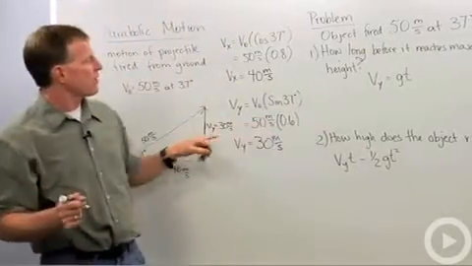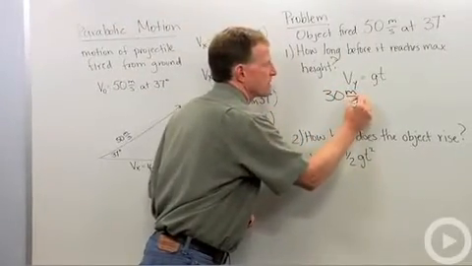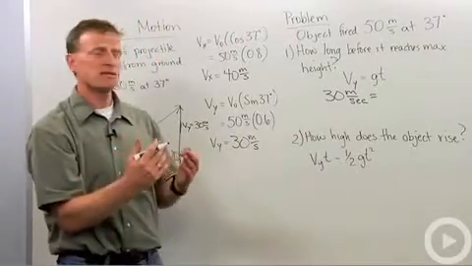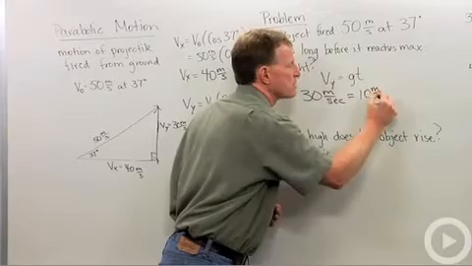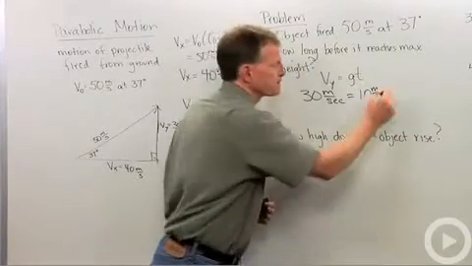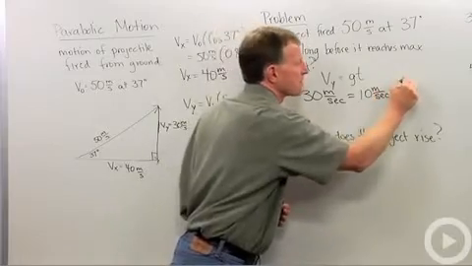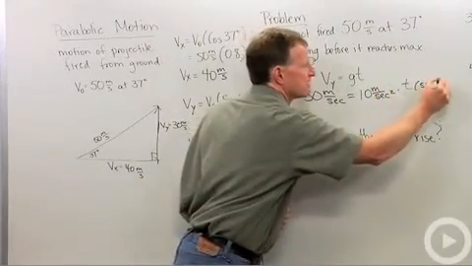So I know that my y velocity is 30 meters per second. And I know the force of gravity, in this case I'm going to simplify, I'm just going to say is 10 meters per second squared, don't forget to square it, times t. And t is in seconds.